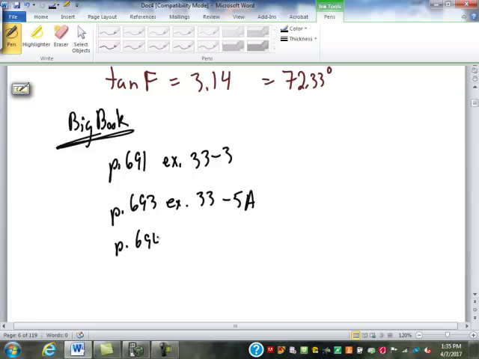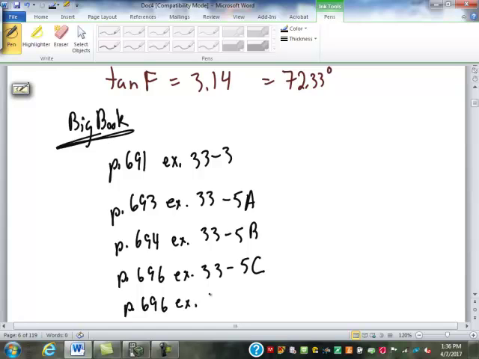Page 694, exercise 33-5B. Page 696, exercise 33-5C. And also on page 696, exercise 33-5D.